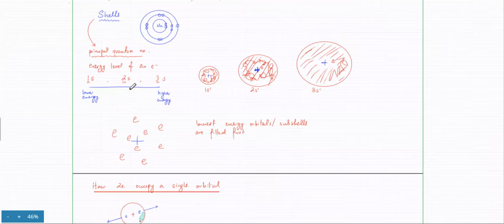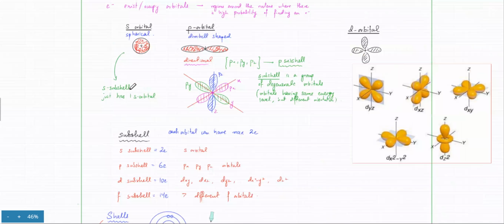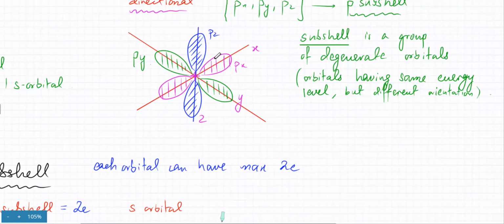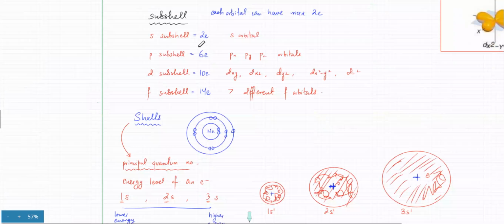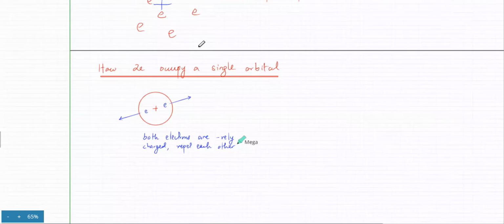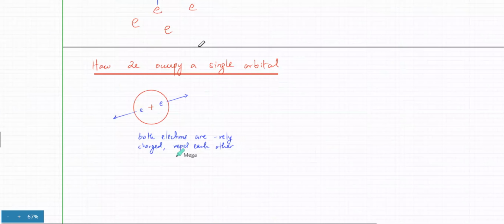So ideally, if you look at this p orbital, let's talk about the pz, this blue orbital over here, it shouldn't have 2 electrons in it. This region in space around the nucleus should have 1 electron, because the second electron is going to repel the first electron. So how can 2 electrons occupy a single orbital? How do they do that?